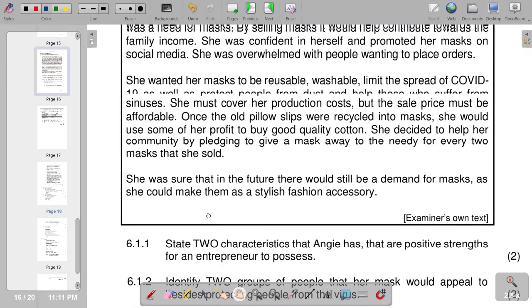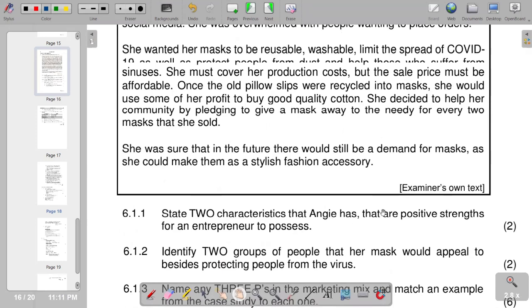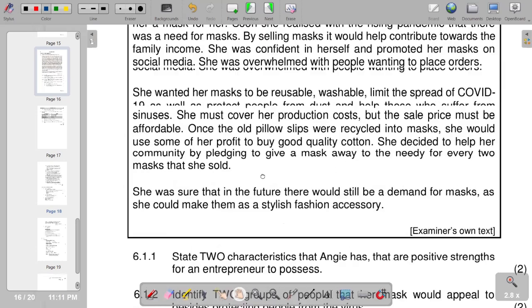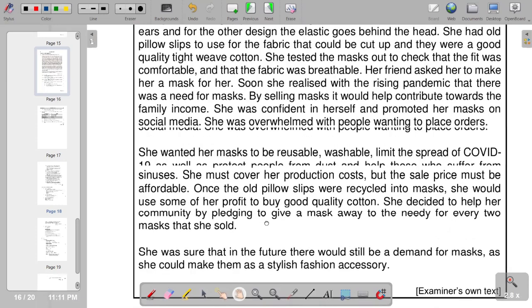Beneath the case study, the first question reads, state 2 characteristics that are positive strengths for an entrepreneur to possess. So obviously we are going to deduce the characteristics which are positive strengths from the information that we are given.